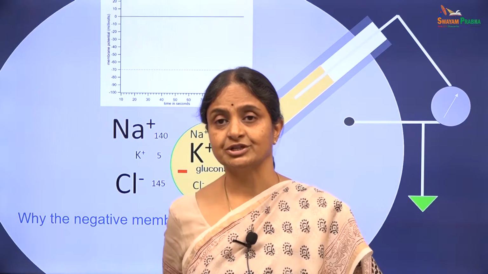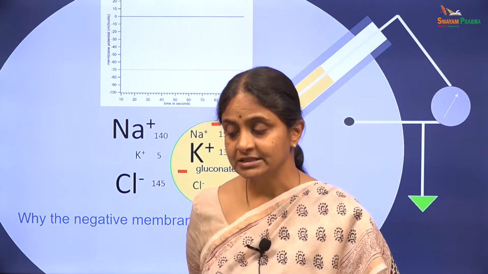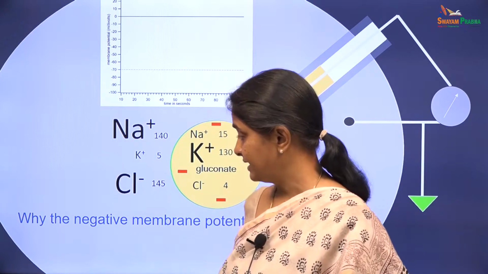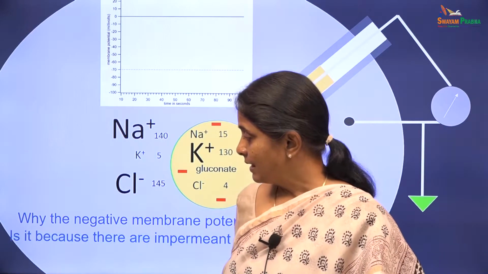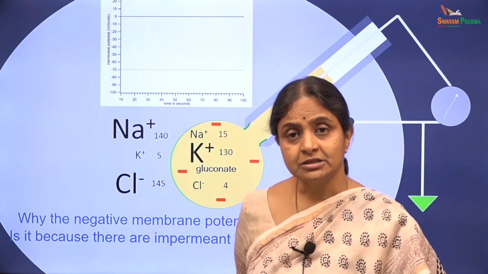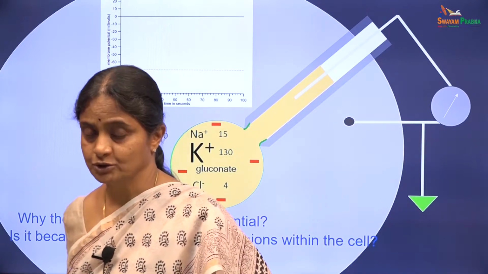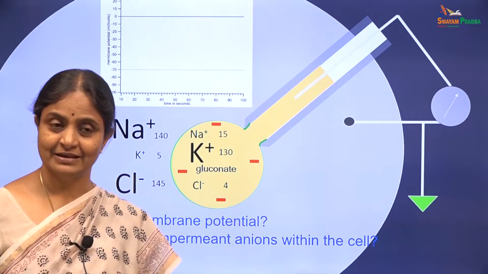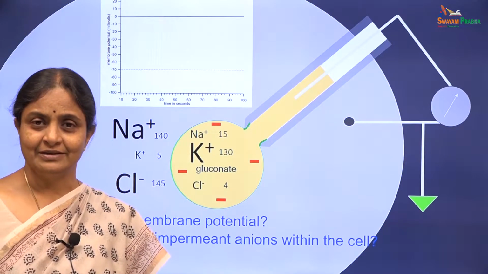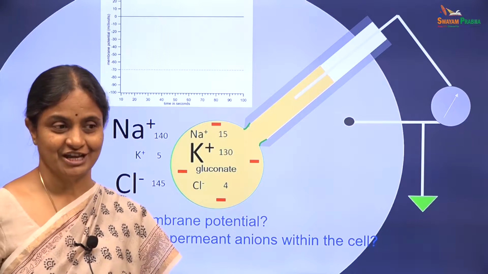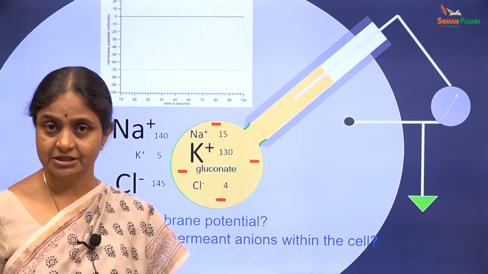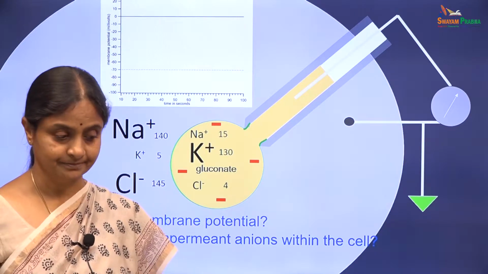When I ask this question in a regular class, the most common answer that I get is, it is because there are impermeant anions within the cell, that is why the interior of the cell is negative. Very deceptively simple logic. But then, it is a valid hypothesis and we have to test it out.